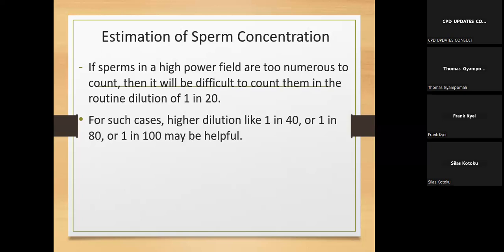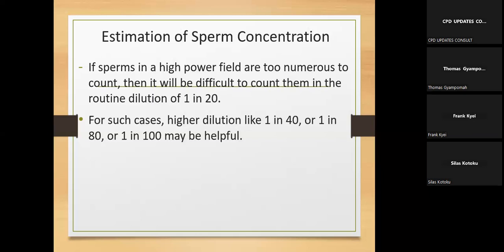Fantastic. So any dilution that you have, you can use the serial dilution concept to move up. For example, if you still want to make a 1 in 100 dilution, remember, normally we encourage people to do a 1 in 20 dilution, especially if the sperm count from your wet mount is more than 20 sperms per field.